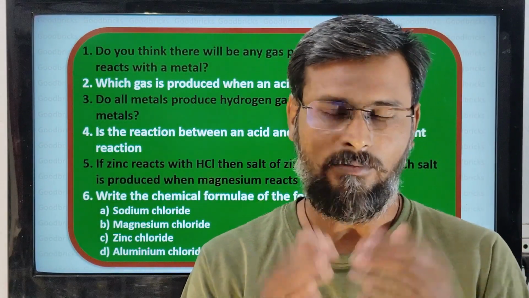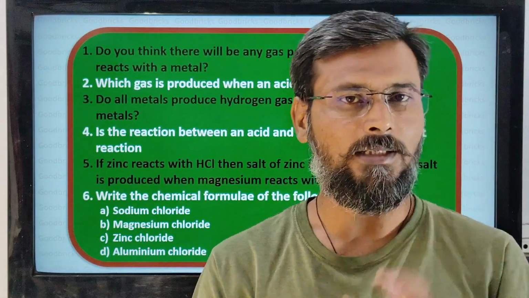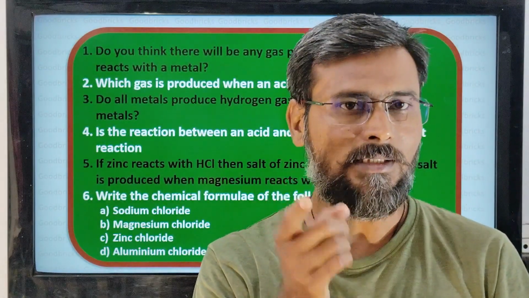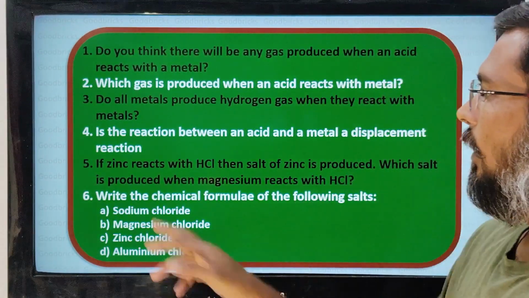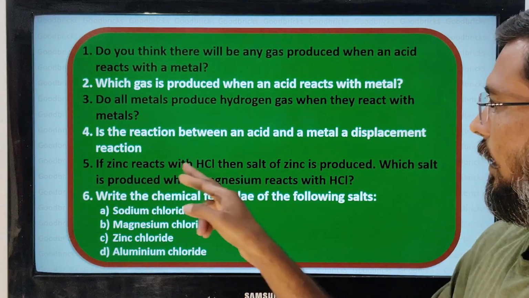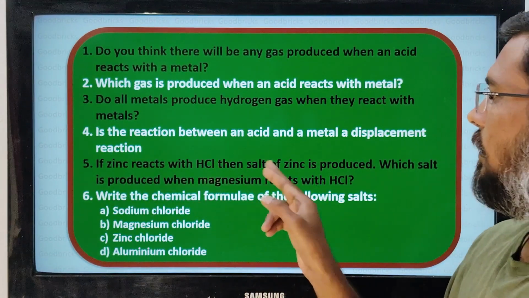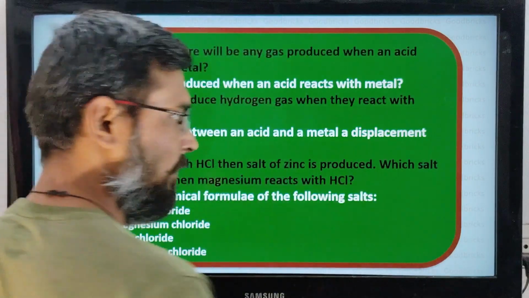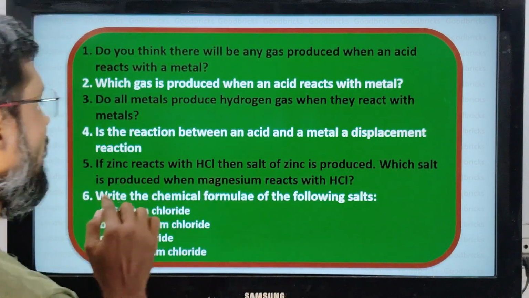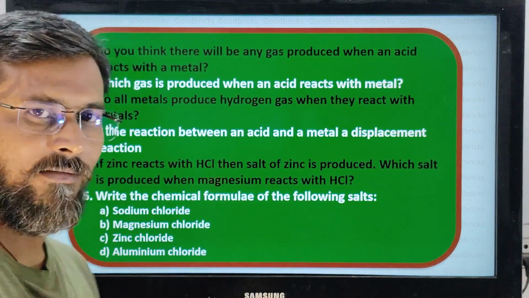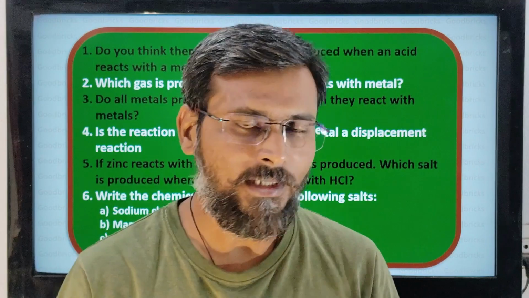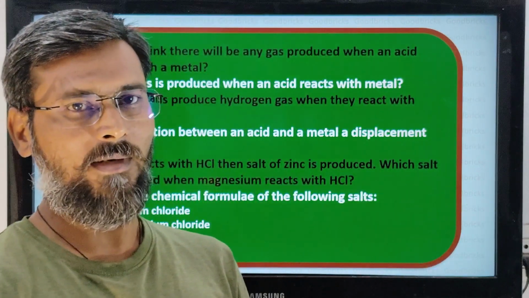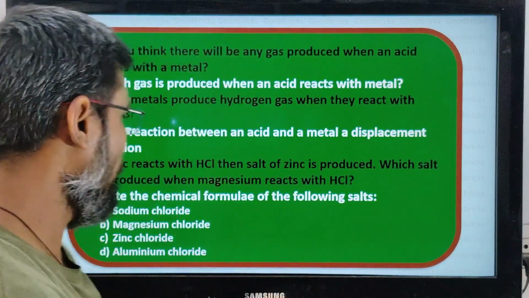Yes, because for example, when HCl is reacting with zinc, zinc is displacing hydrogen from HCl. Fifth question, if zinc reacts with HCl, then salt of zinc is produced. Which salt is produced when magnesium reacts with HCl? Answer is salt of magnesium, and its chemical formula is MgCl2.